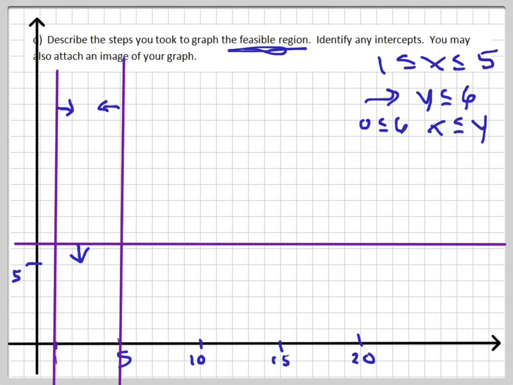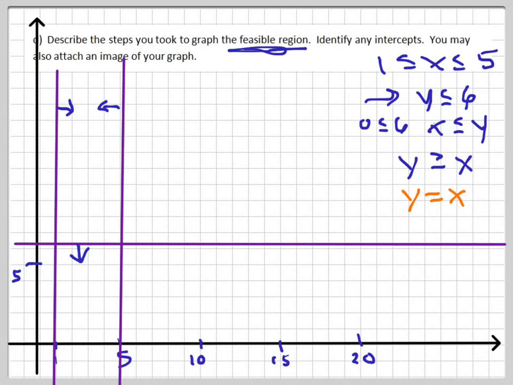Okay, and then I have one more, X is less than or equal to Y. I can also kind of flip this around and treat this as Y is greater than or equal to X. And then if you remember how to graph inequalities, we would start by looking at the boundary line, Y equals X, and then we would decide where to shade from there. So this one is set up for you.